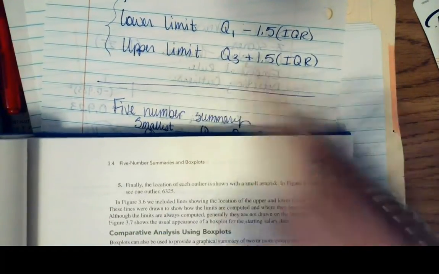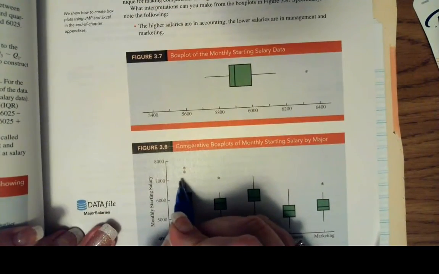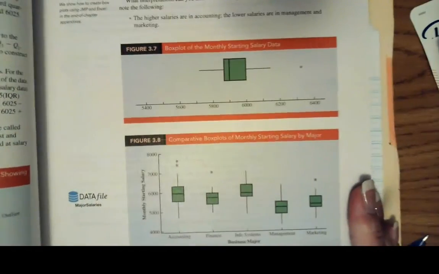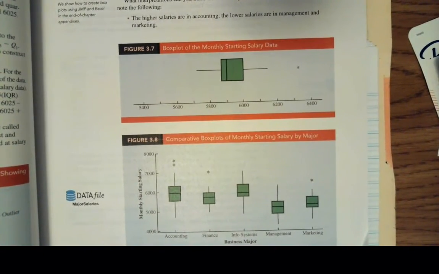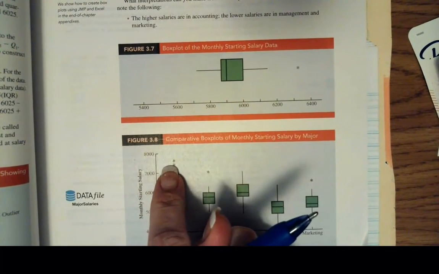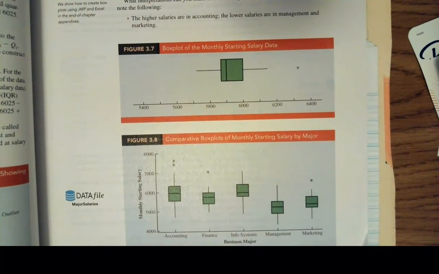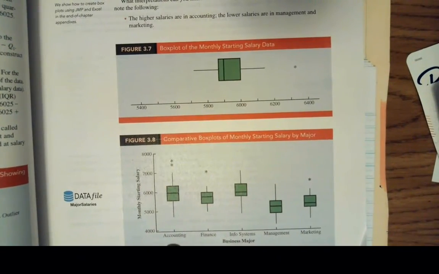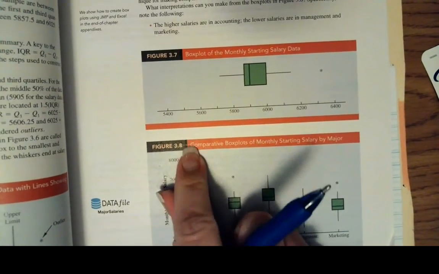You could have an upper limit, and a little horizontal line that goes across here. But now I've got some quick information that I can see. I've got outliers in 3 different areas. Looking at accounting, I've got outliers.